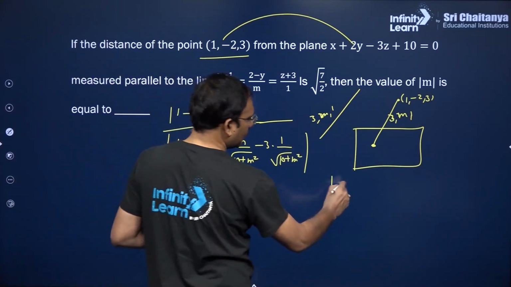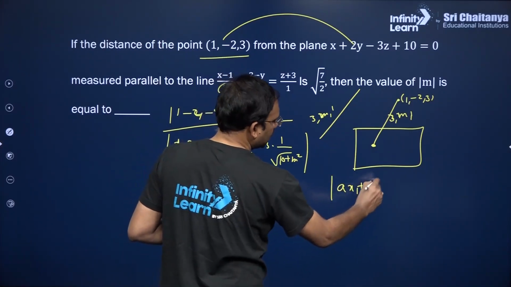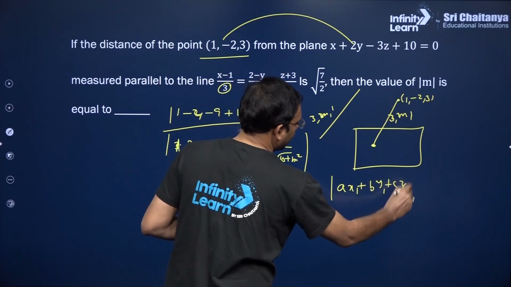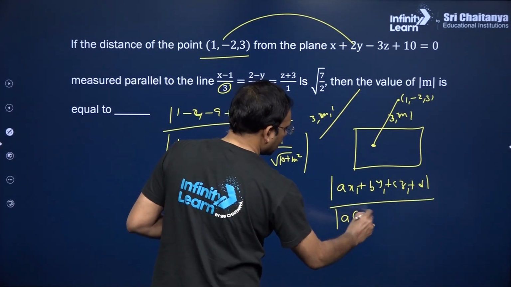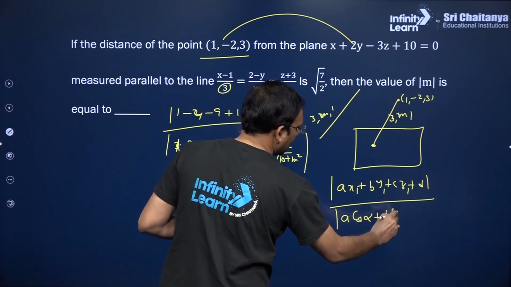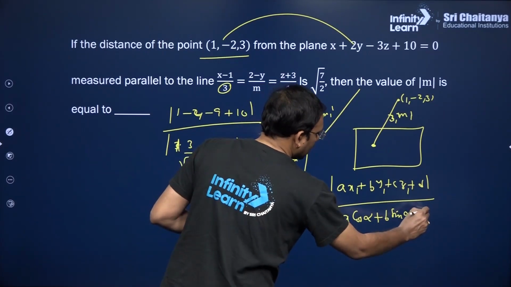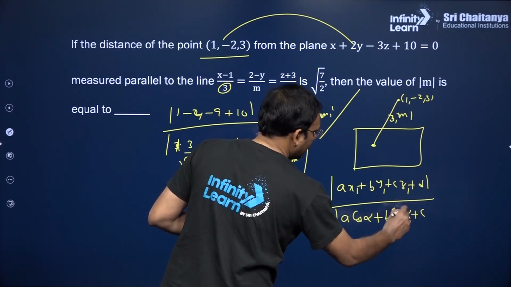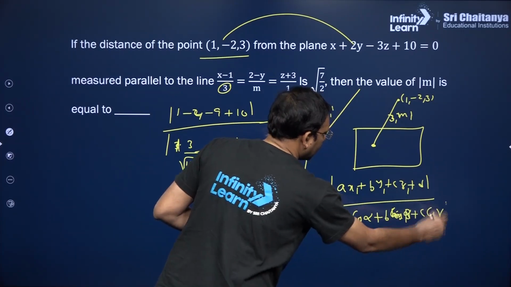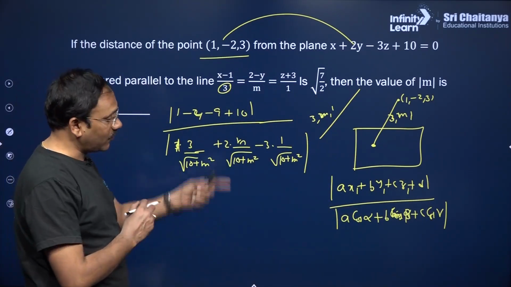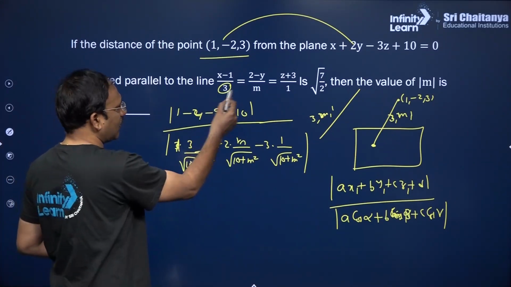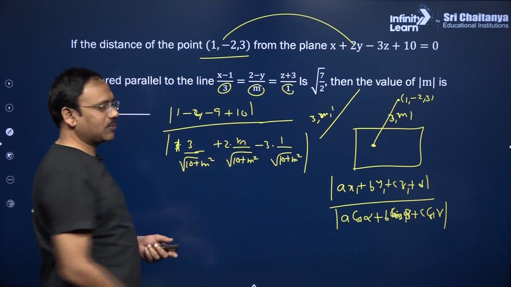Actually the formula is ax1 plus by1 plus cz1 plus d, by a cos alpha plus b cos beta plus c cos gamma. That means cos alpha, cos beta, cos gamma are the DCs of the required line. So I found the DCs of these three and have substituted.